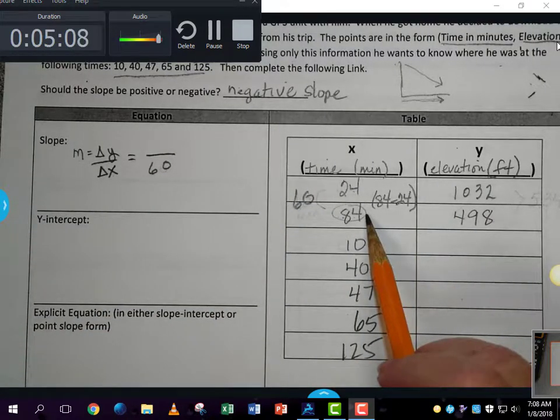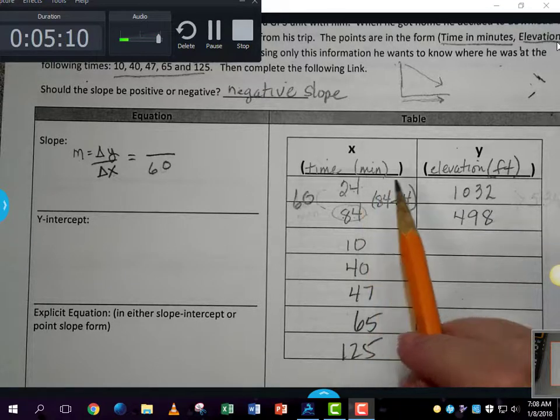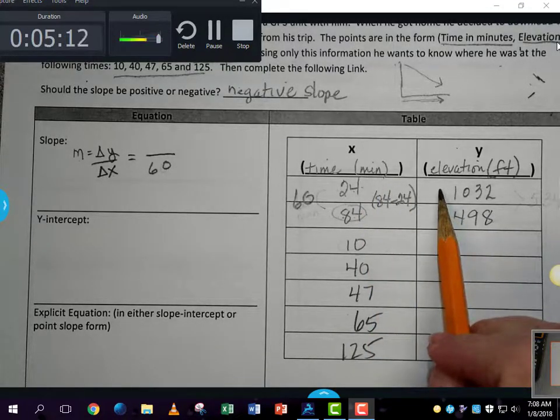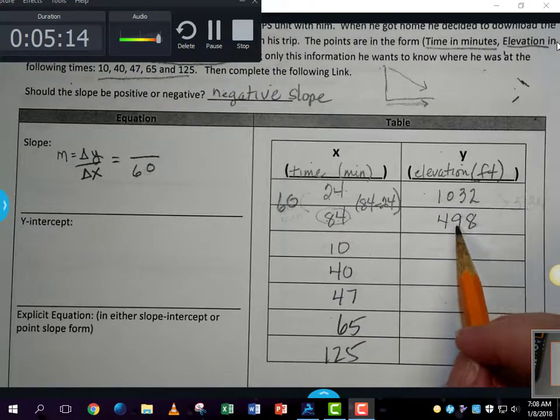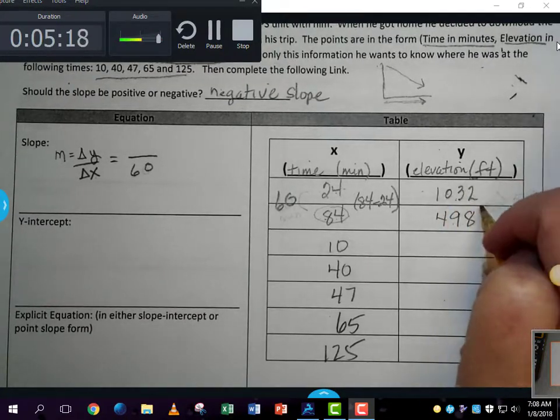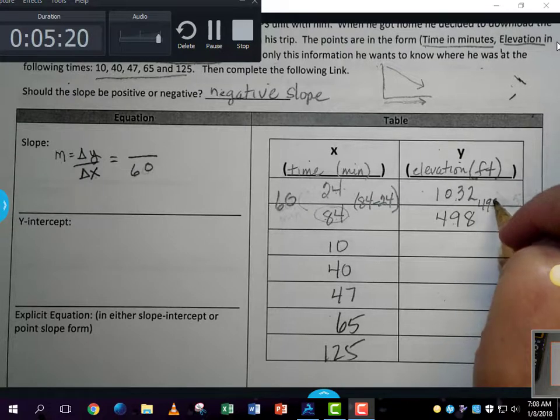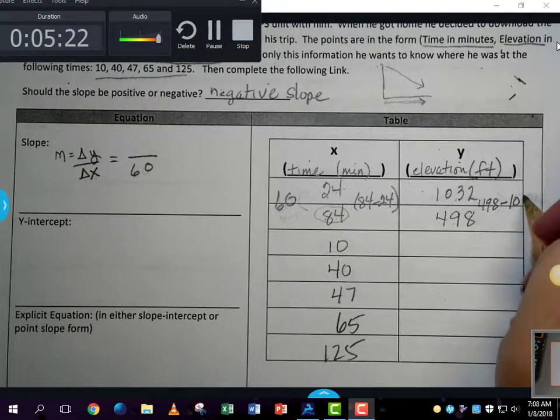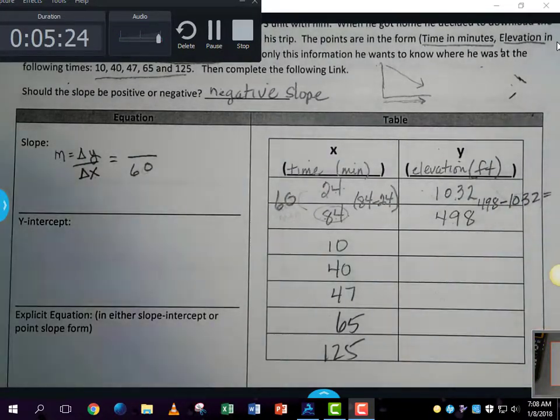But if I said 84 minus 24, then I need to do the same direction right here. So for the change in y, I need to say 498 minus 1,032, and that's going to give us a negative 534.